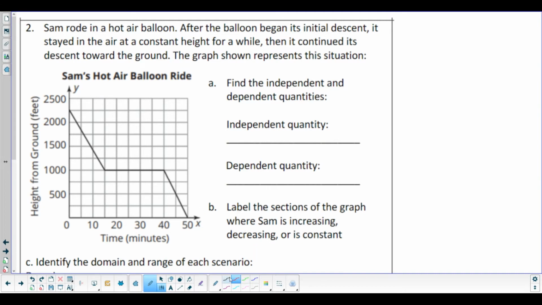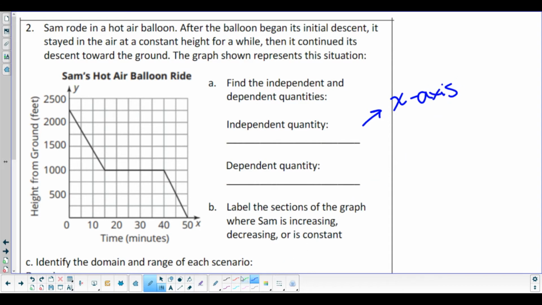Okay. Now, sometimes, like the first thing we did where we matched the graphs to the scenarios, the independent and dependent quantity, you had to read into the question. But if I give you the graph, there's actually a really fast shortcut. It's just remembering that the independent quantity is what we put on the x-axis, right?